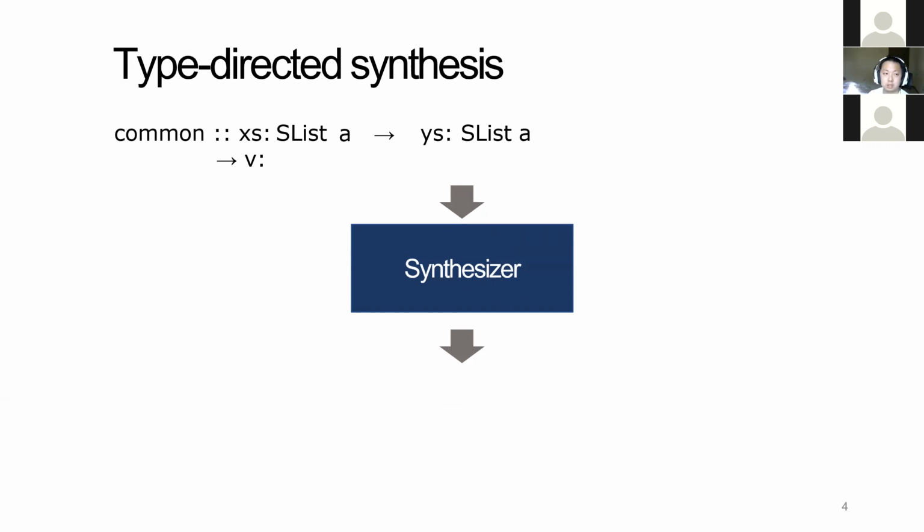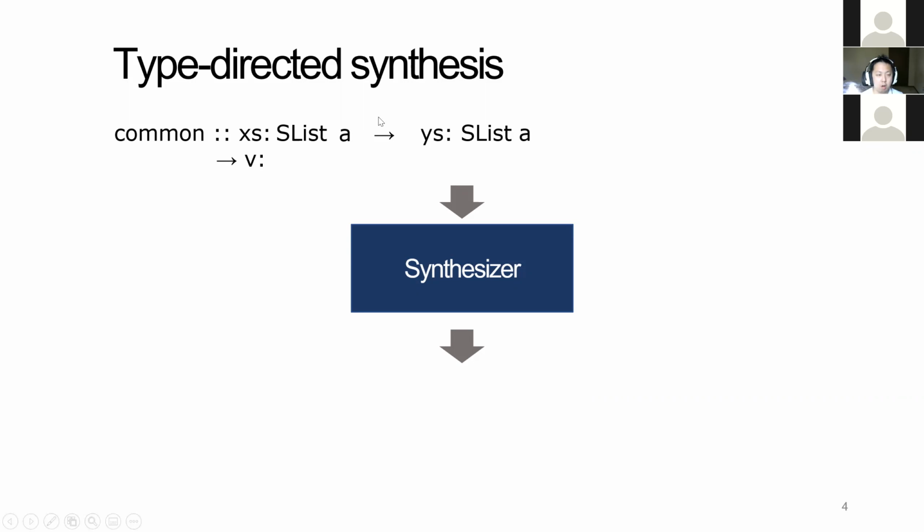An approach to such synthesis is called type-directed synthesis, where the specification is described by a refinement type. Here you can see the user wants to find a function common, and the inputs are two lists. XS is a sorted list, and YS is also a sorted list.